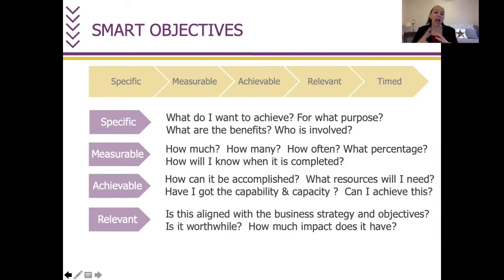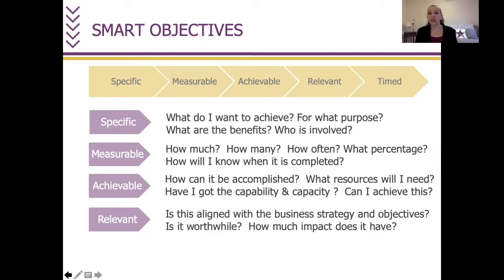Okay? And then, is it relevant? So as I said before, is it aligned with the business strategy and the objective? Is it worthwhile? And how much impact does it have? This is a very important question you might want to remember. How much impact does this thing have?